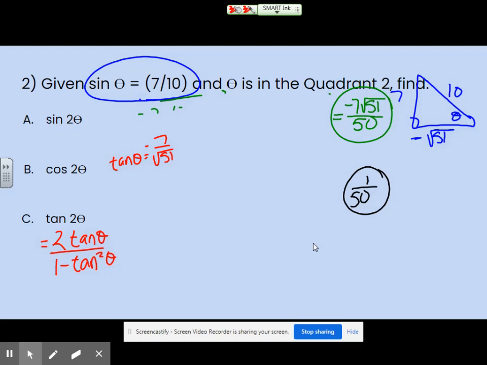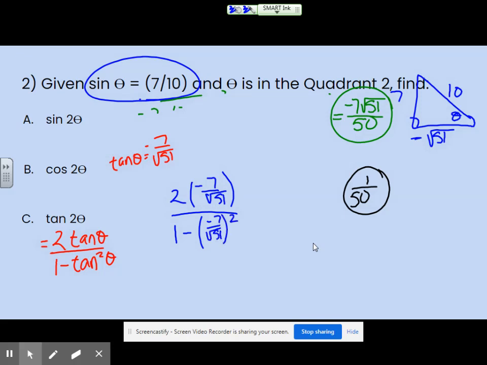I have a choice. I can rationalize it now, or I can leave it to rationalize later. I'm probably going to leave it to rationalize for later because I want to make things as simple as I can. But now that I know my value of tangent of theta, I'm able to start plugging it into that double angle identity. So I have that 2 times the tangent of theta, 7 over radical 51, over 1 minus tangent squared, so that negative 7 over radical 51, now being squared.